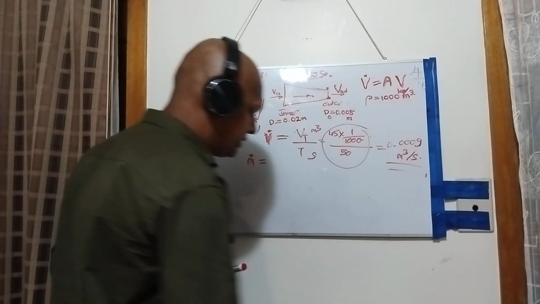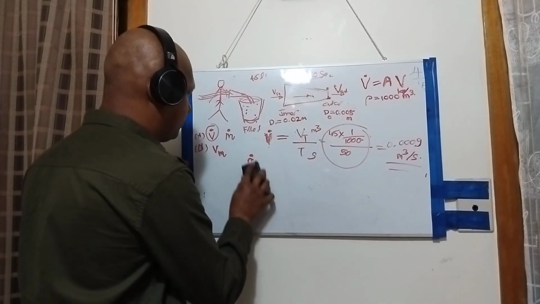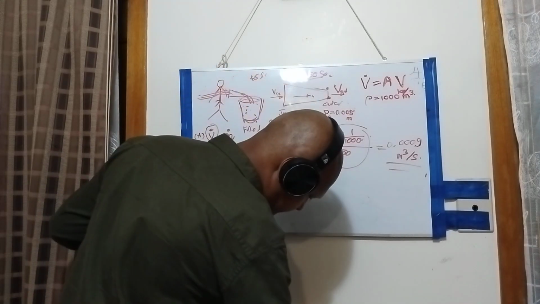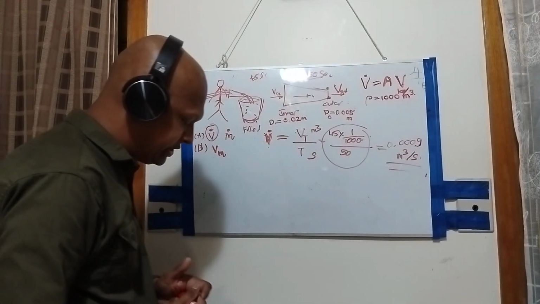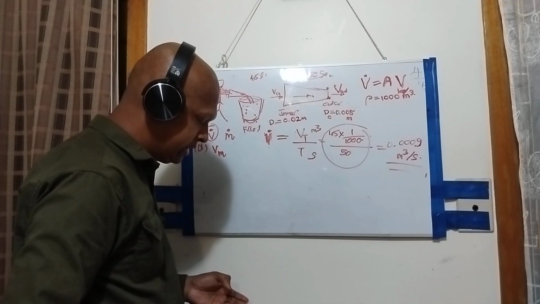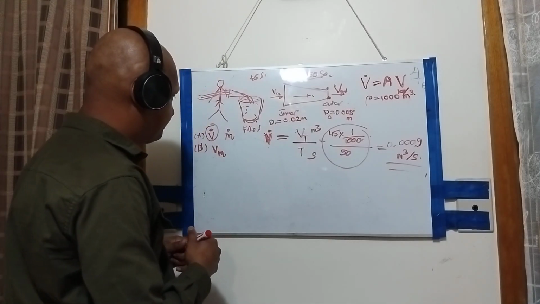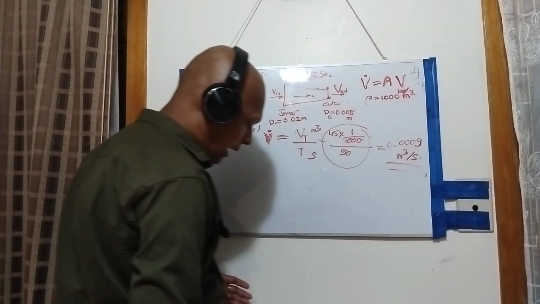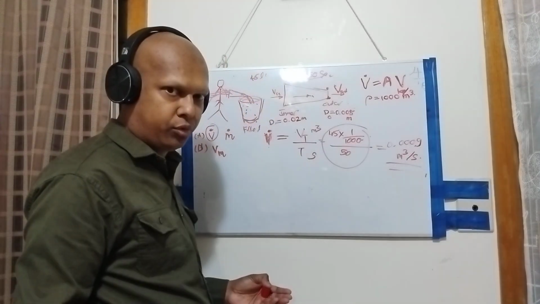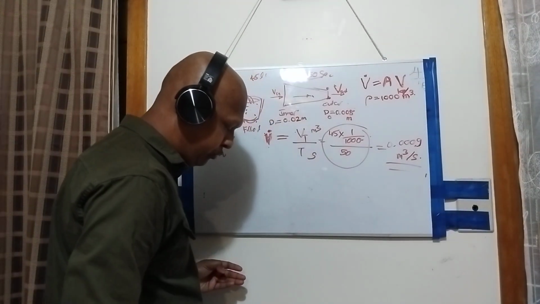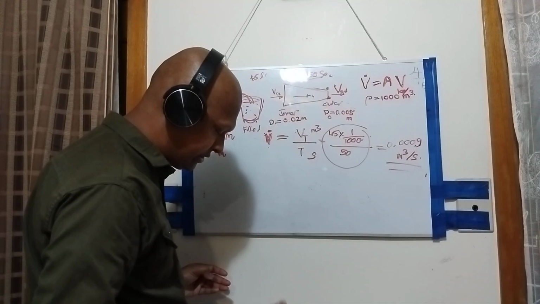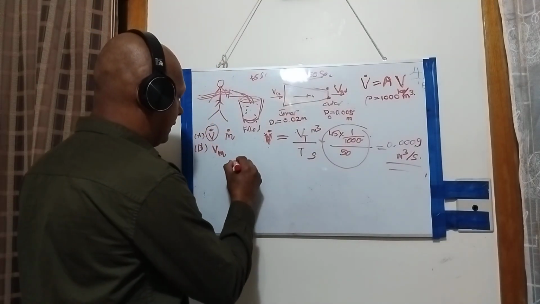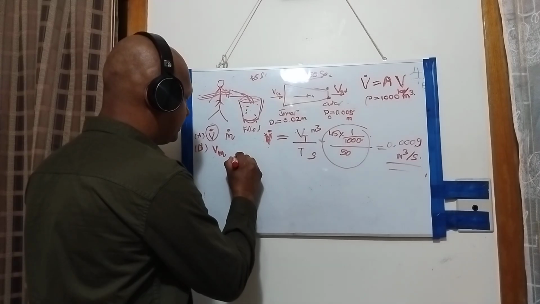Before we calculate the mass flow rate, it's better to look at how we calculate the velocity, because when we look at the mass flow rate, we need to recognize that the mass flow rate remains the same.